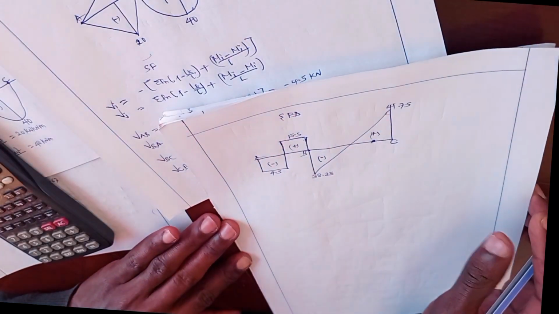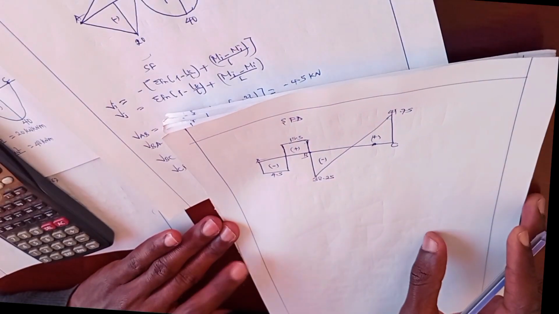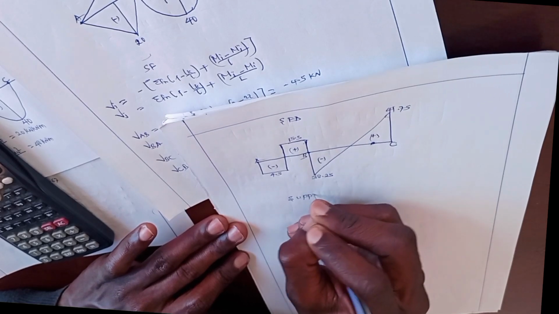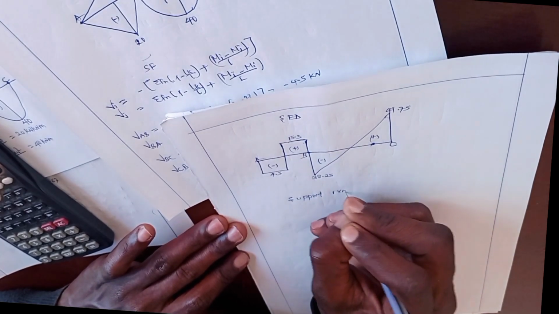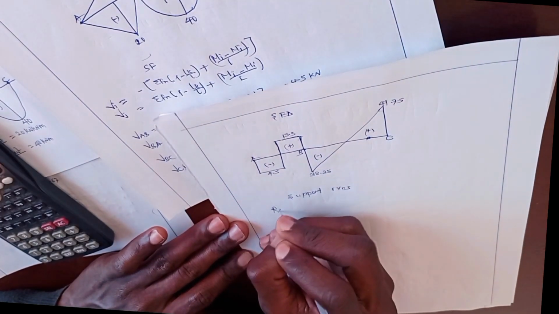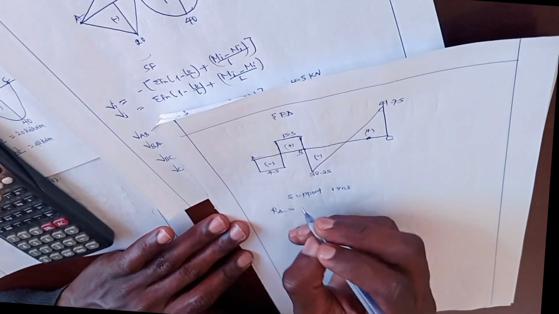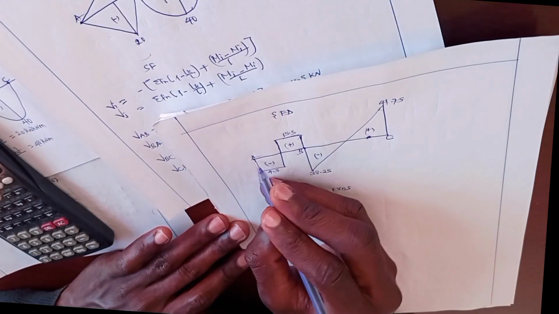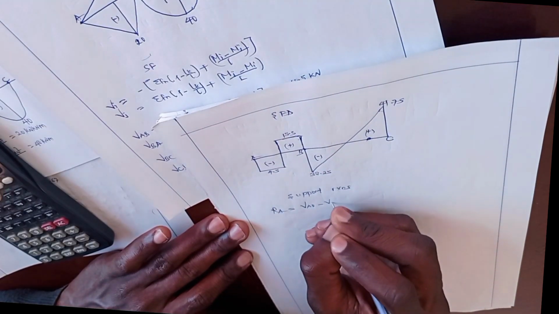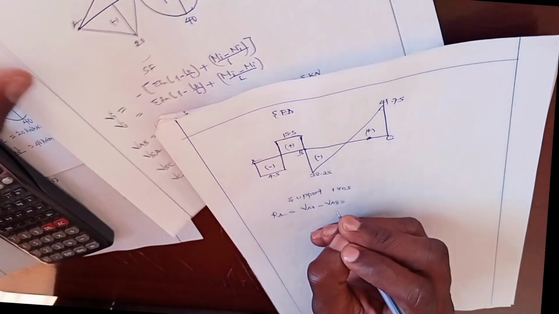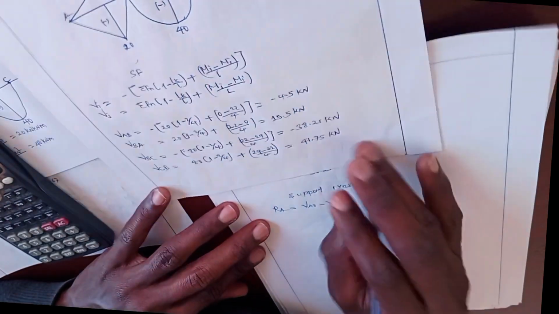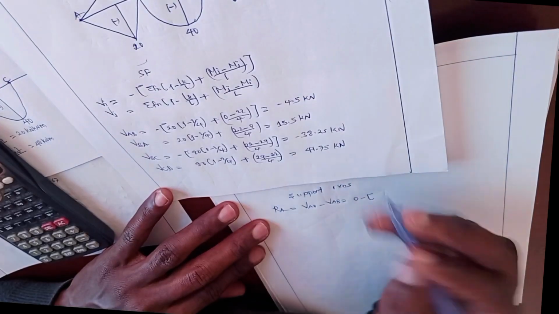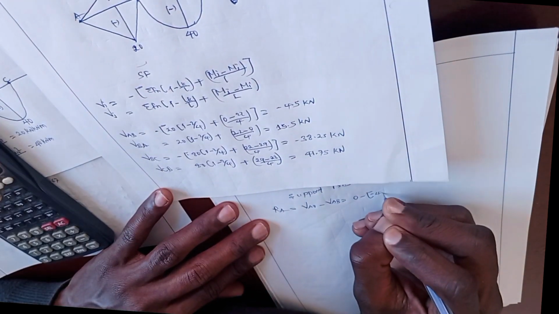Now, the final step is to find the support reactions. Support reactions for point A. How to obtain RA? RA is obtained by taking VA0 minus VAB. It will be equal to 0 minus negative 4.5.